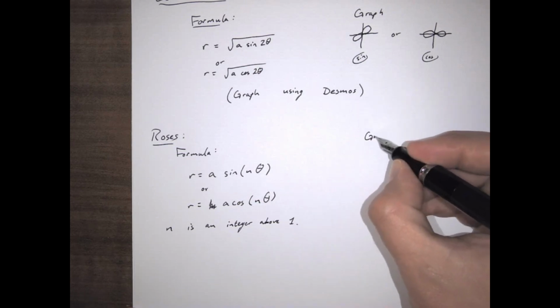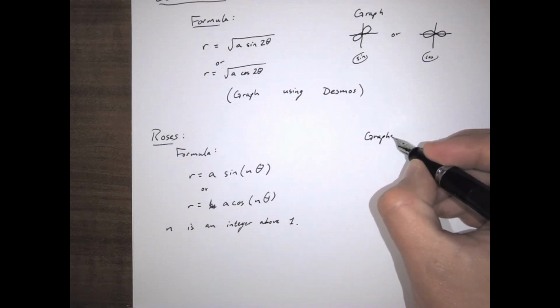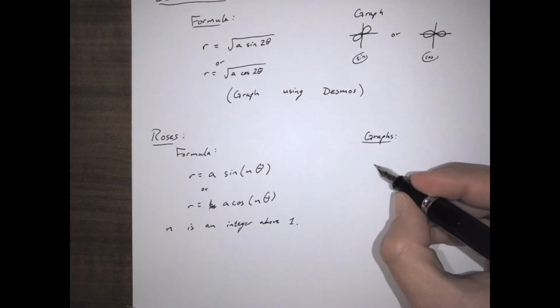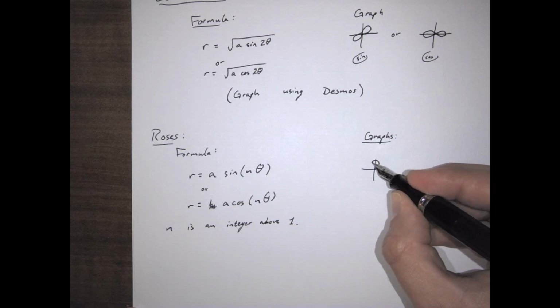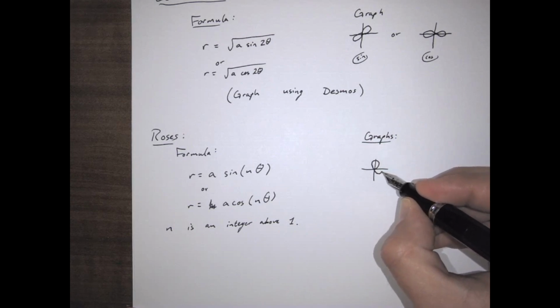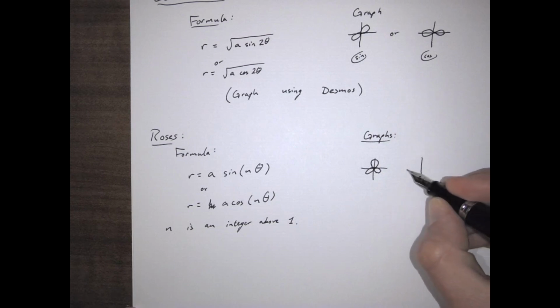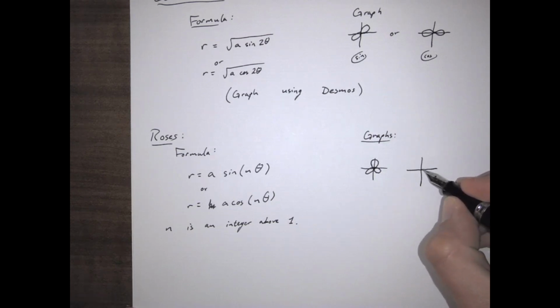And then the graphs of these look like this. So what you could have is maybe one with 3 petals. You can have one with 4 petals. Etc.